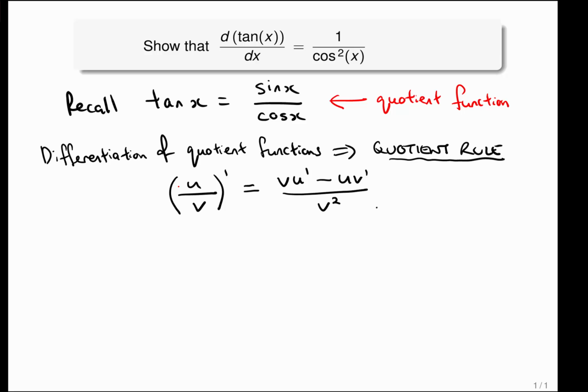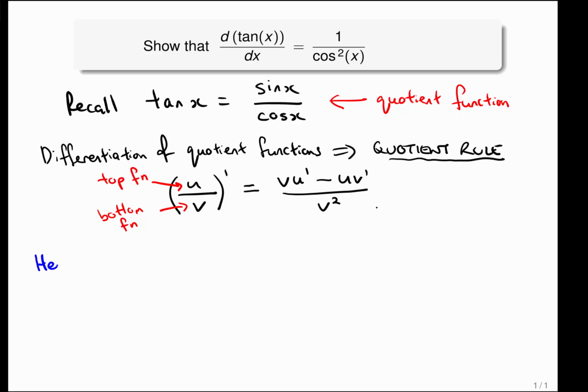In other words, if u is regarded as the function on top, and v is the function on the bottom, then the quotient rule states that the derivative is the bottom function times the derivative of the top one minus the top function times the derivative of the bottom one, all over the bottom function squared.